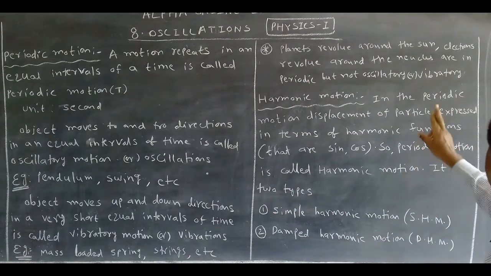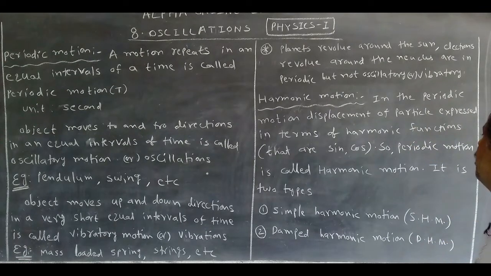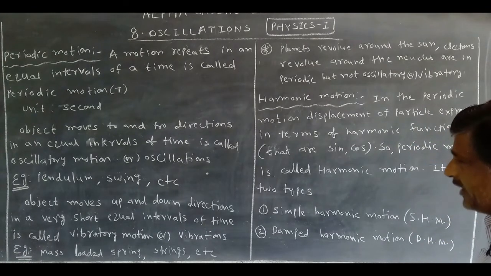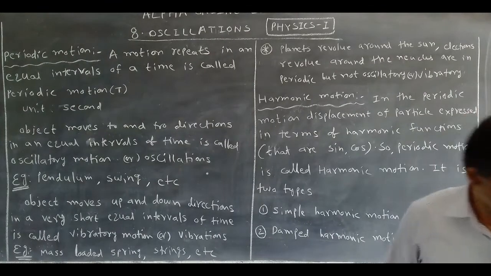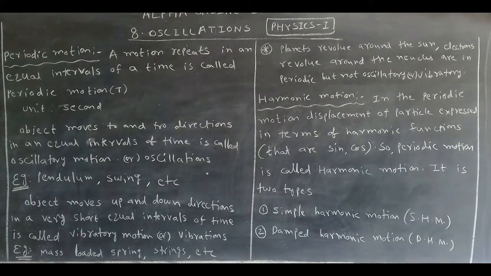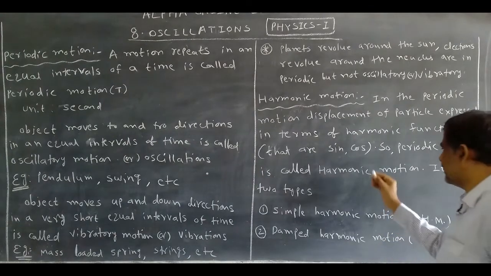In a periodic motion, the displacement of a particle is expressed in terms of harmonic functions. Which are called harmonic functions? Sin theta and cos theta, or shortcut, sin and cos.